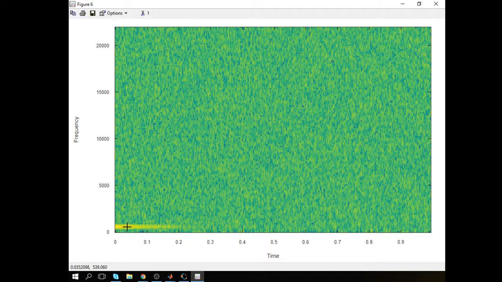So basically, that's the exponential decay of the signal showing on the time scale. And that just shows I had some signal on that frequency at that time.